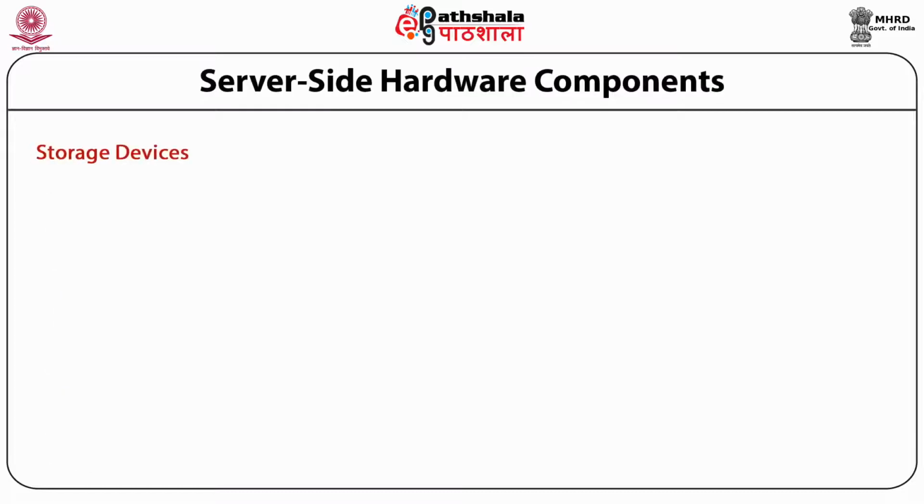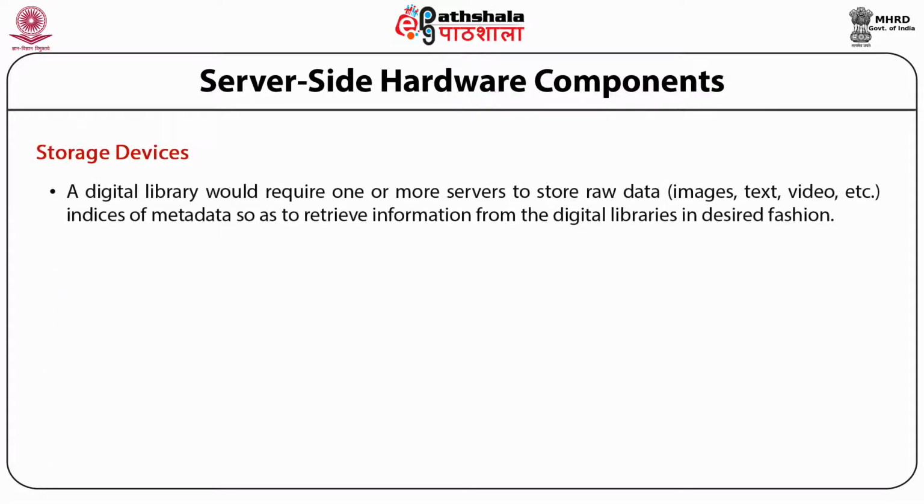The storage devices. A digital library would require one or more servers to store raw data, that is images, text, videos, and other things. Indices of metadata are also stored, so as to retrieve information from the digital library in the desired fashion.